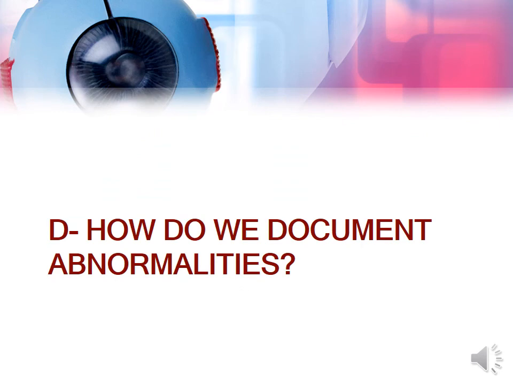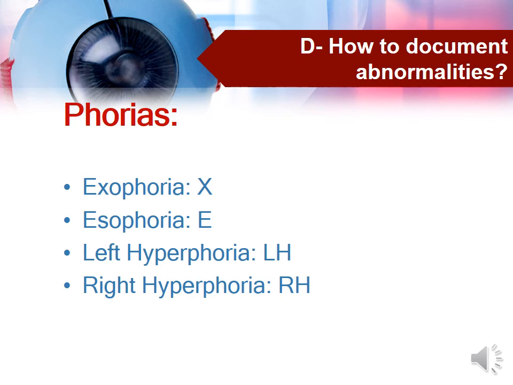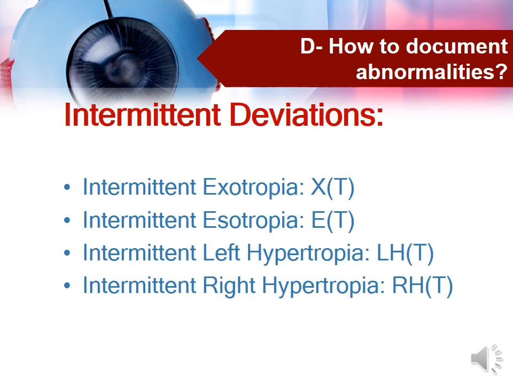The last question is, how are you going to document these abnormalities? Phorias are represented by the letter X for exophoria, E for esophoria, LH for left hyperphoria, and RH for right hyperphoria. In intermittent deviations, the letter T is placed between brackets.